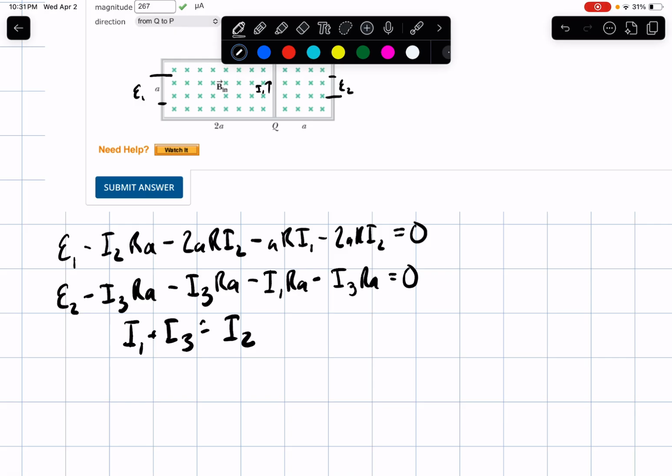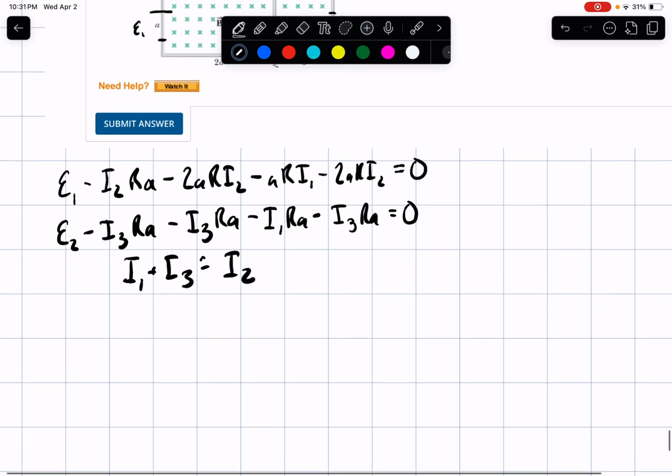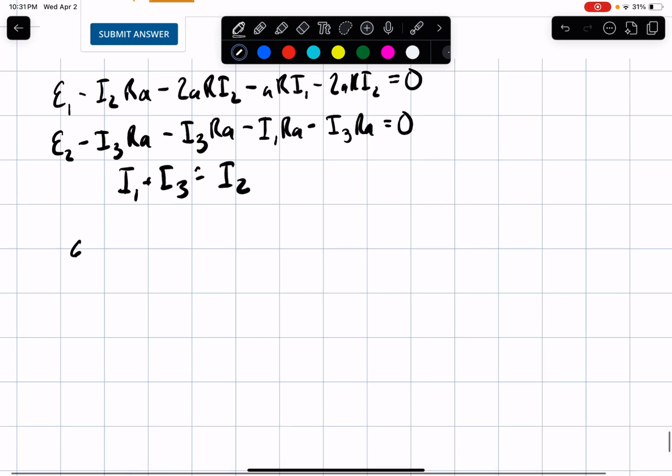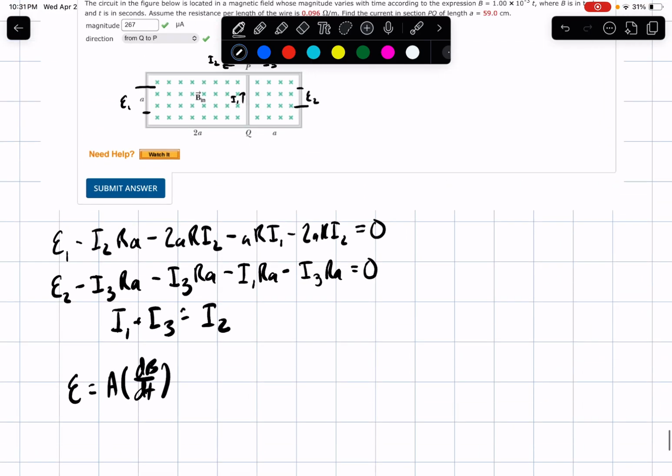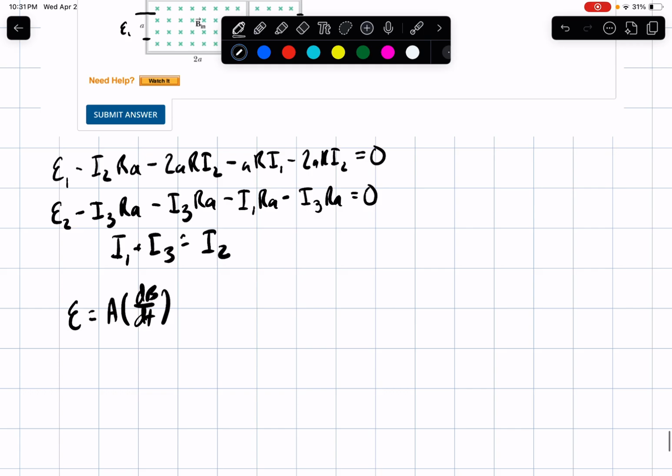Well, from Faraday's law, the EMF is equal to the area times dB/dt. So you can find the EMF in each part using this formula here.